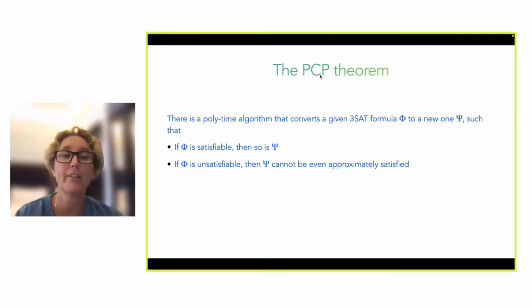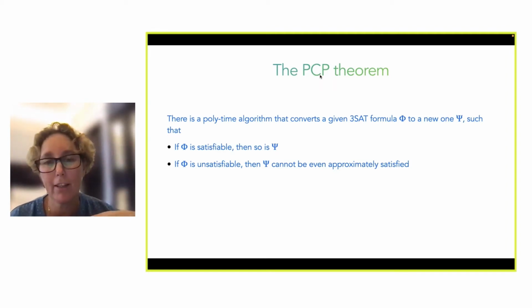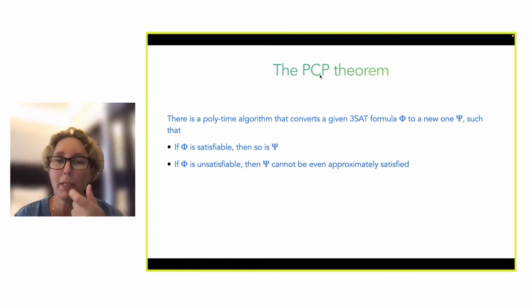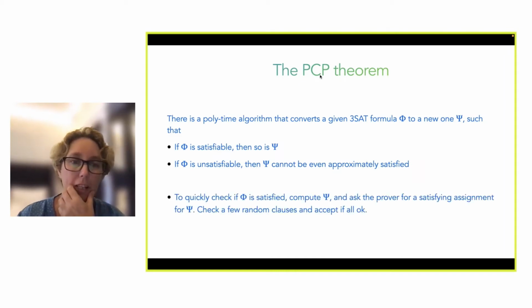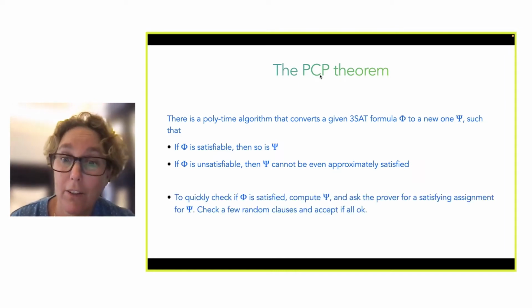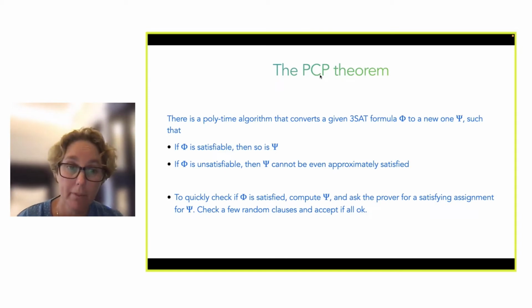And moreover, if phi is unsatisfiable, if no matter what assignment you give the variables of phi you will always get some clause to be unsatisfied, then for psi it's much, much worse. Every assignment to the variables of psi will violate many, many of the clauses in psi, maybe like 10% of the clauses in psi. Okay, so that's the content of the PCP theorem.